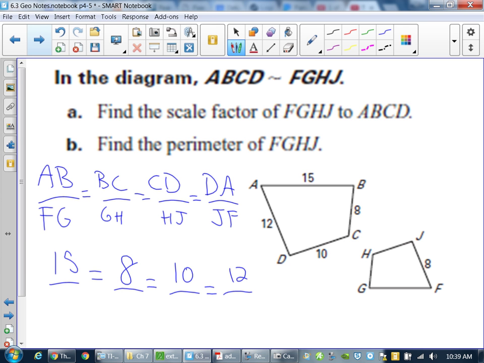On the other diagram, we don't know what all those parts are. So I'm just going to go X, Y, and Z for those three. So I have X, GH is Y, HJ is Z, but JF is 8.